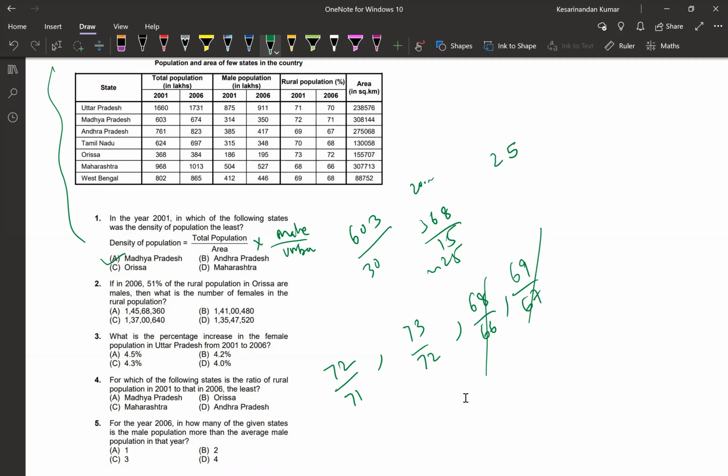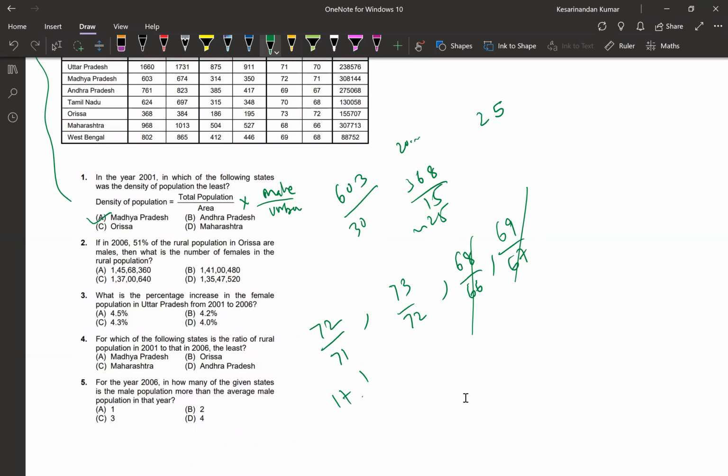Can I write this as 1 plus 1 by 71 and this as 1 plus 1 by 72? Which one is more? 1 by 71 or 1 by 72? 1 by 71 will be greater. So which one will be the least? Odisha. You got your answer.